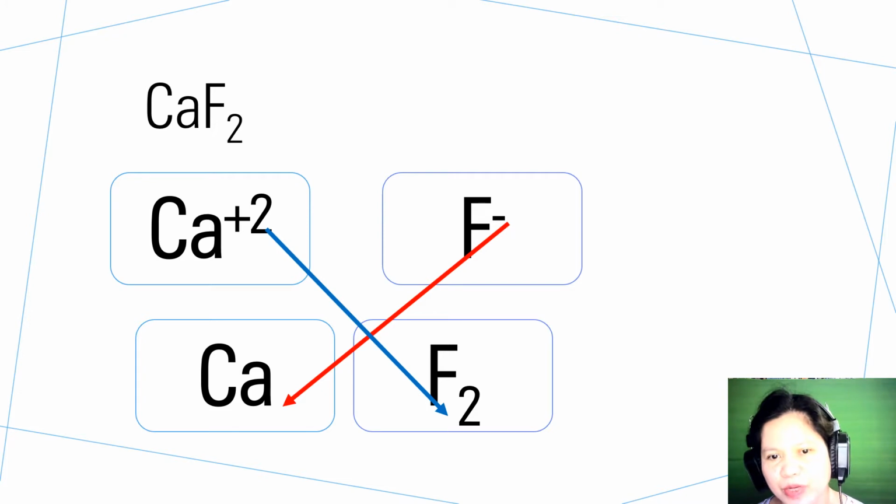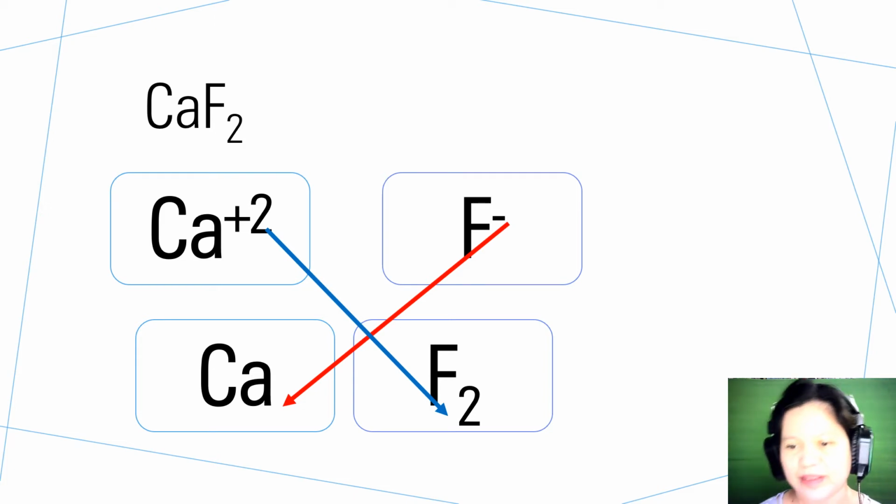Now, say for example, if the charge of fluorine is 2, for example, if you are going to place here 2, it will cancel out. Because the common factor is 2. So, 2 divided by 2 is 1. 2 divided by 2 is 1. So, if you look at that, there should be no subscript. If the charge of fluorine is 2.